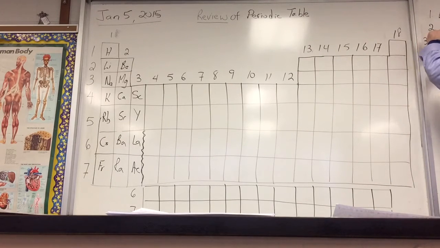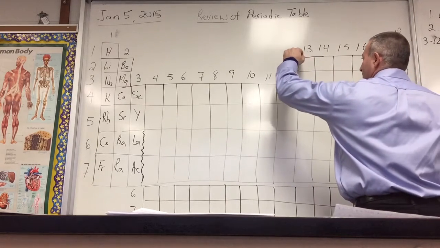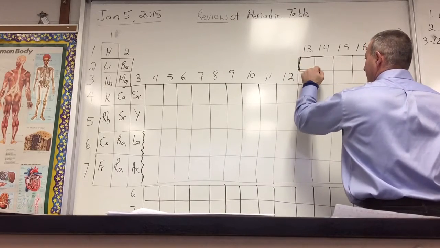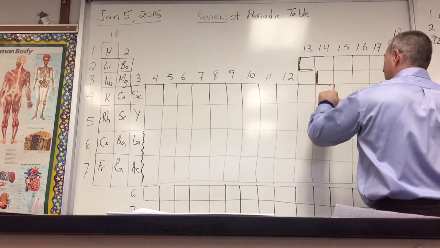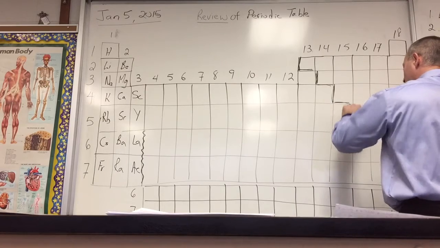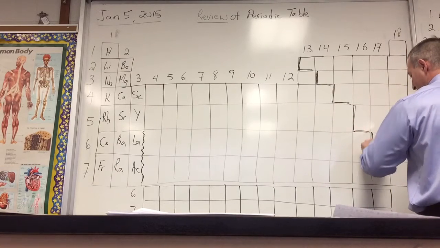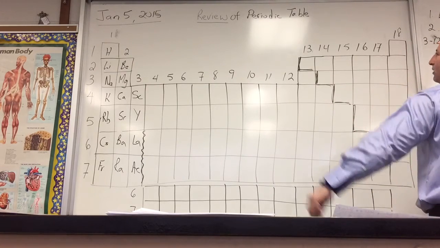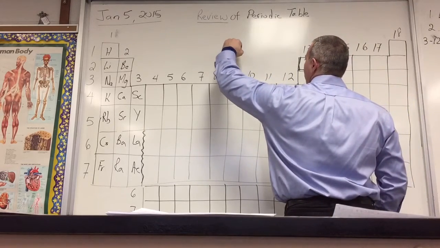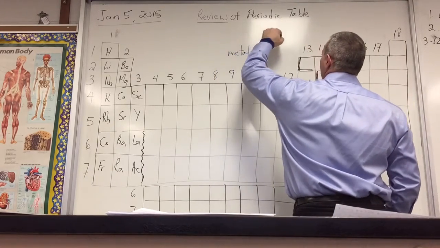So 3 to 12 is the transition elements. They're all metals. And you can see where the metal line is. Here's the stair-step line that splits the table into 3 distinct pieces: metals, nonmetals, and metalloids. Here's the metals. They're all this side.